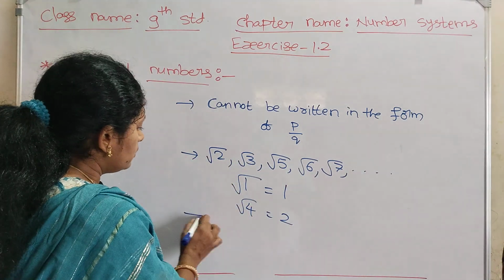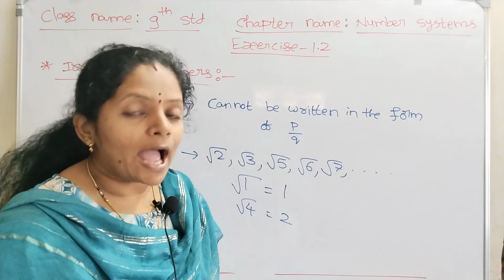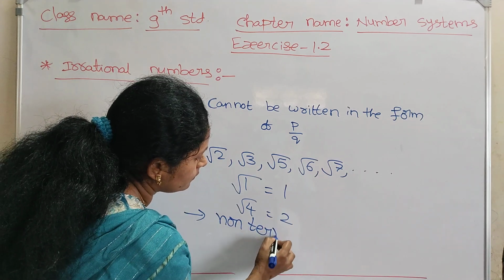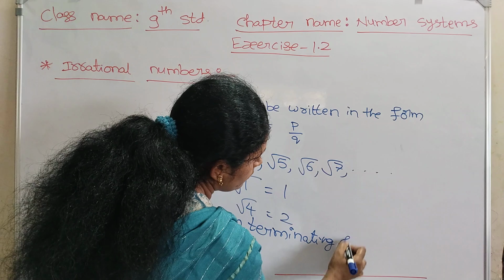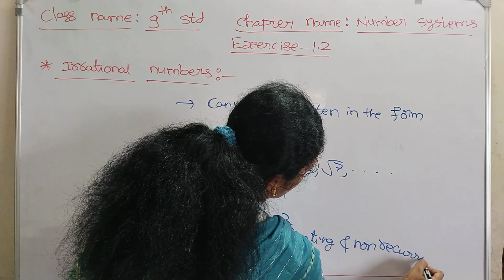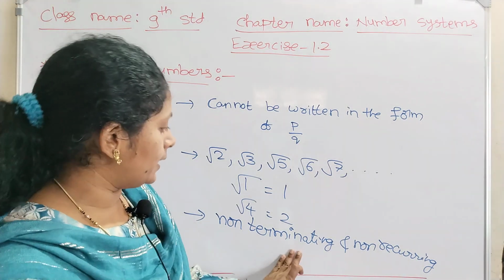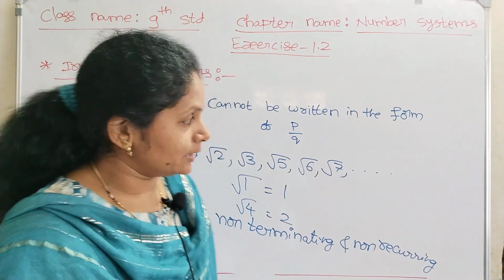Next, the third point, the numbers which are non-terminating and non-recurring. What is the actual meaning of this? Non-terminating means it is not going to end, and non-recurring means there should not be any repetitions.